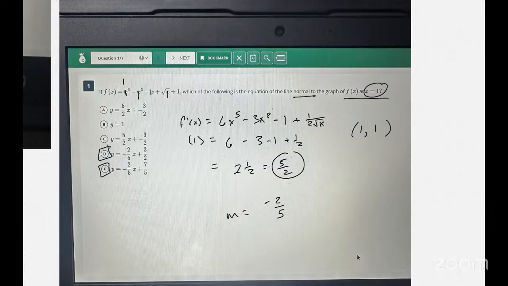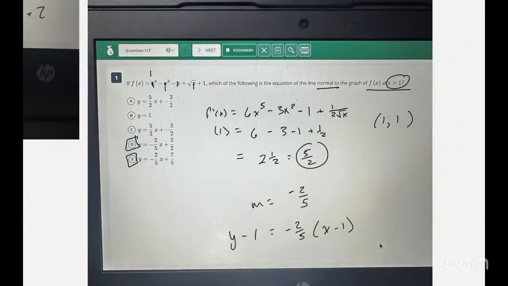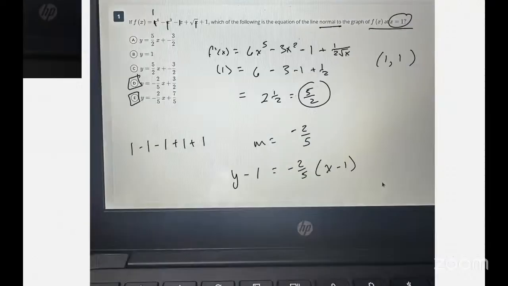Oh, okay. So I think it's 1, right? Let me double check. It's 1 minus 1 minus 1 plus 1 plus 1. Yeah, so it should just be 1. So that's your equation, and then if you distribute that in, it's -2/5 x plus 2/5 plus 1 equals y. So 5/5, that would be 7/5. Got it? Yep. So that's that one.